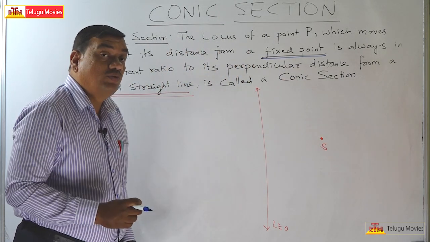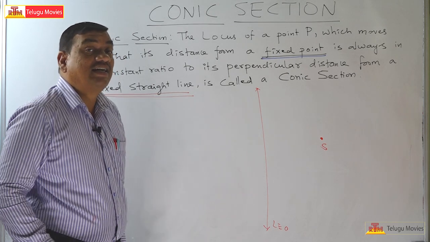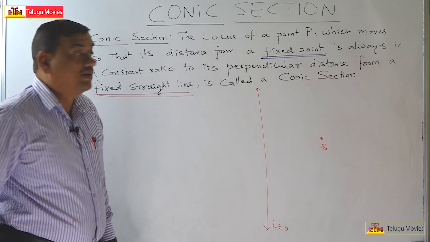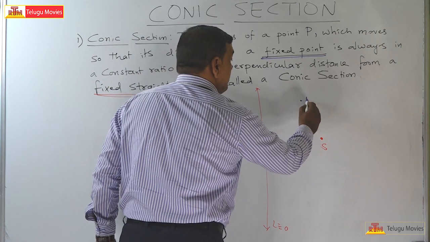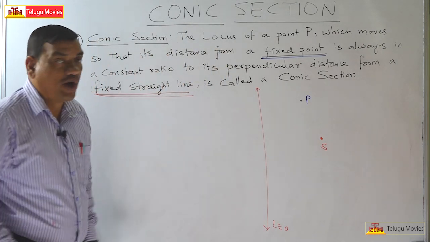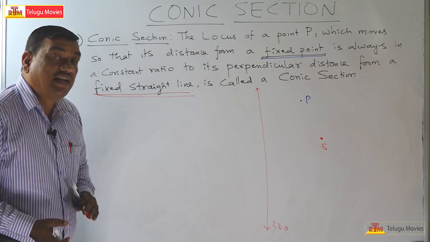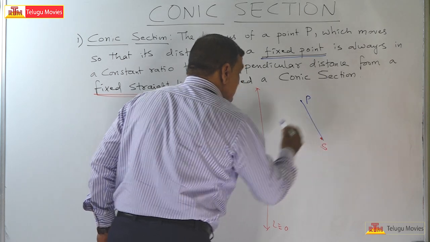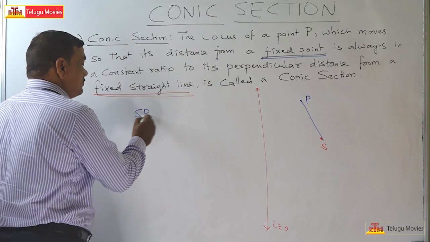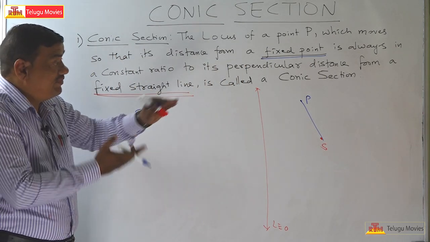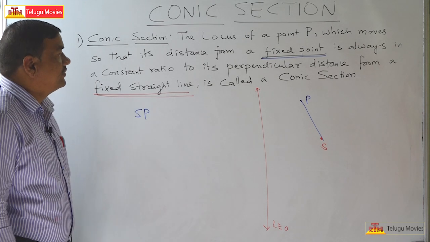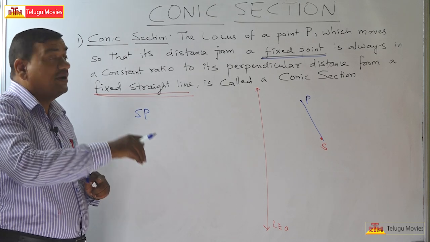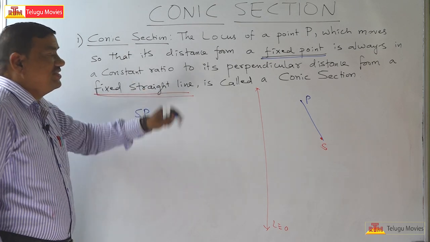But how does it move? It satisfies a certain condition. What is that condition? It is the distance from a fixed point. So let us take P as a variable point. Here we are taking a ratio. The distance from the fixed point, that means SP, is always a constant ratio to its perpendicular distance from the fixed line.